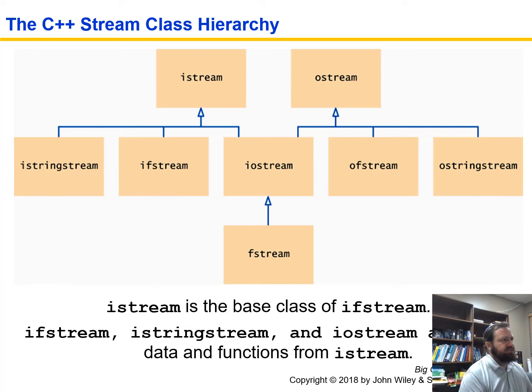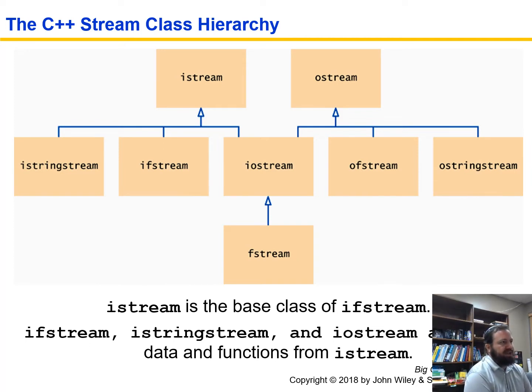Okay, this is the rather complicated inheritance diagram of the C++ stream hierarchy. C++ has something that most other object-oriented systems do not have, called multiple inheritance, which means iostream can actually be a child class of both istream and ostream.